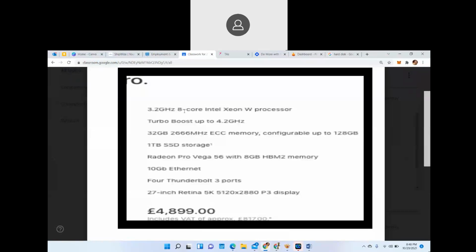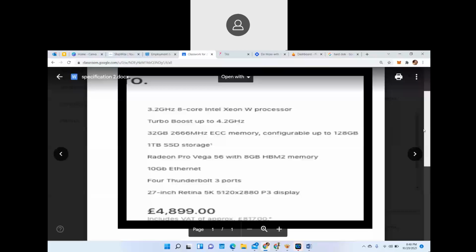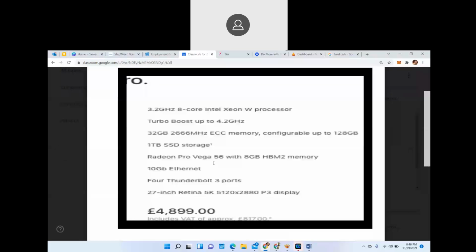So I'm explaining what each line is, right? So remember I said before that the first line is generally the processor, the second line is generally the memory, the third line is generally the secondary storage, right? So I'm just going through it again. So this is just describing a specification of a computer. Understand?